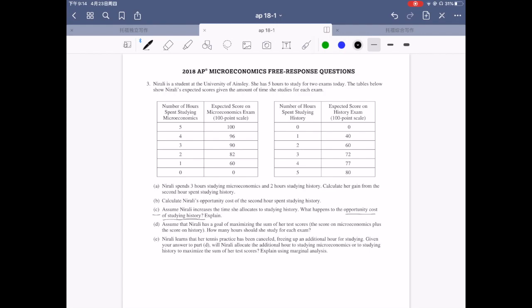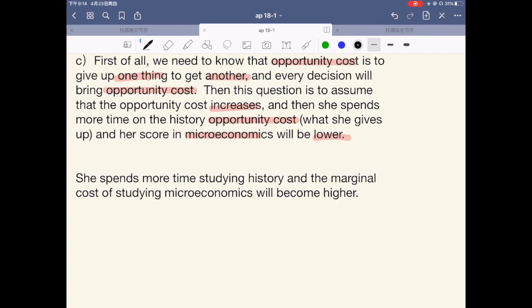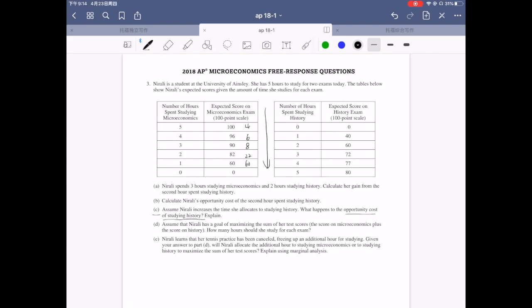So here it will be 4 and 6, 8, 22, 60. So she spent more time studying history, and the marginal cost of studying microeconomics will be higher. So that's all for the C.